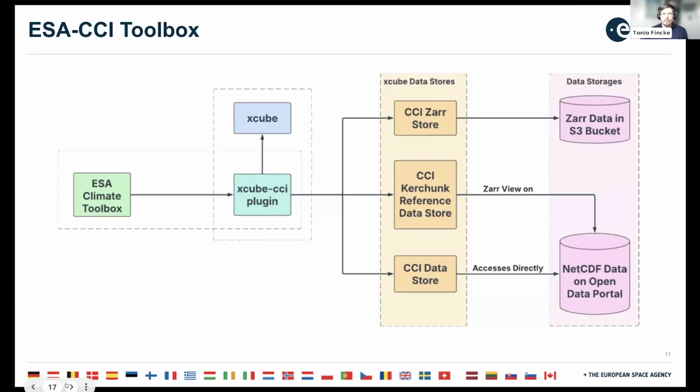But we have also worked on making this more performant to use. So there are two extensions to the system. One is what is called here the Kerchunk reference data store, which is an alternative view on this NetCDF data.